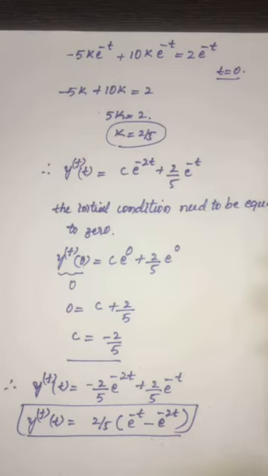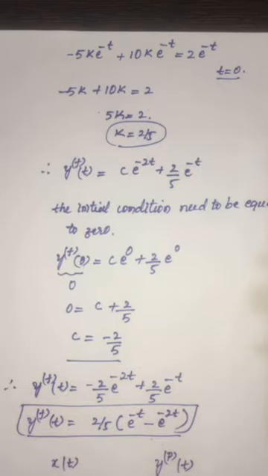You might have understood by now that based on the input x of t, the particular solution will take a certain form. If it is a constant, the particular solution will be a constant. If it is a constant into e to the power of minus at, then it is also a constant into e to the power of minus at.